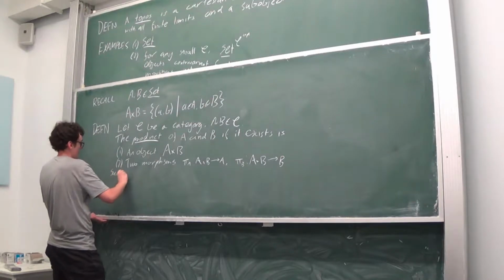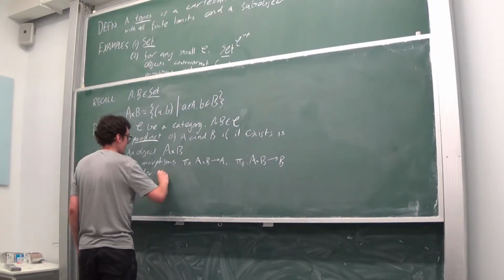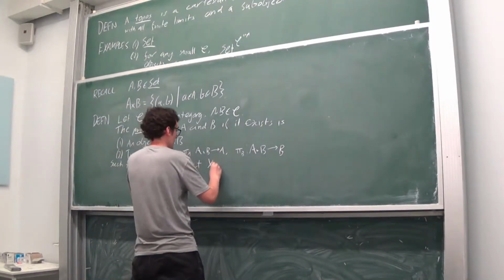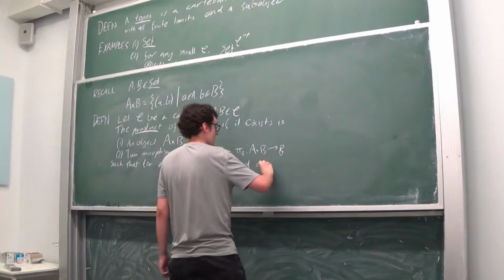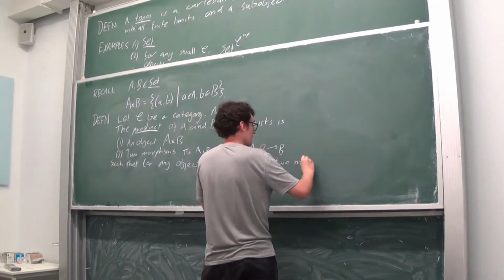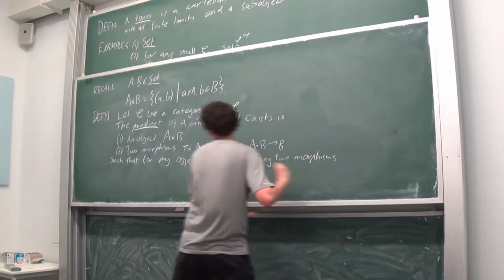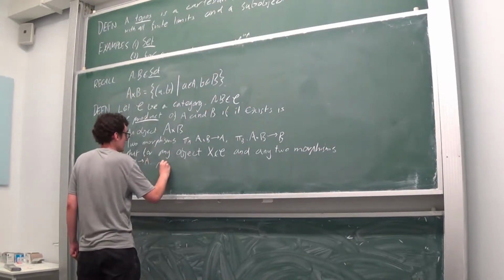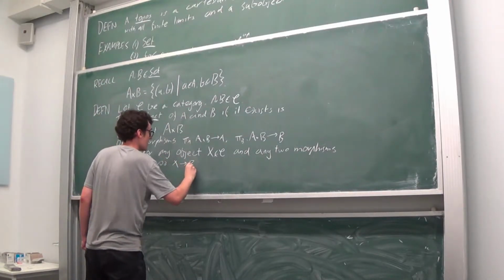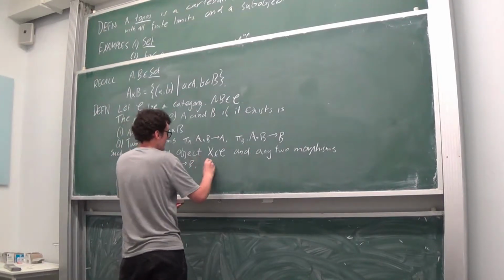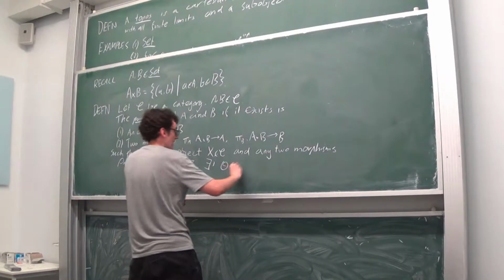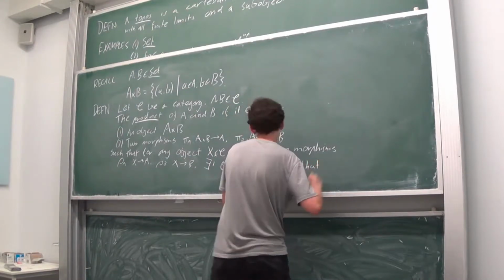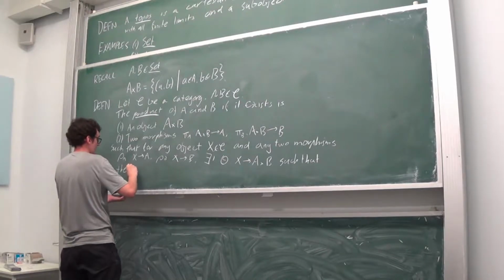such that for any object X in C, and any two morphisms rho A, which goes from X to A, and rho B, which goes from X to B. So given such an object and two morphisms, there exists a unique map theta, which goes from X to A times B, such that the diagram commutes.